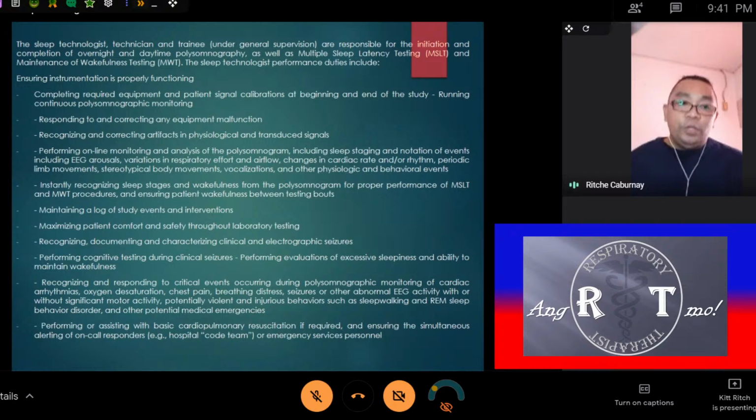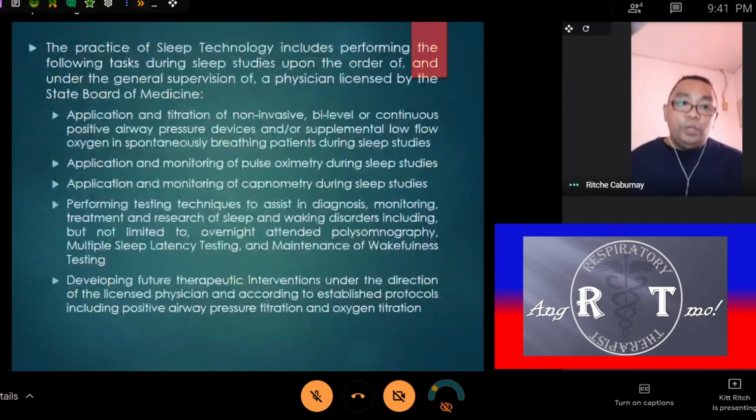If the sleep lab is inside a hospital, you can call a code and inform the code team that there is an emergency happening inside the patient's room. And of course, if it's a home sleep test or an outside sleep laboratory, then you can call emergency services personnel if it's deemed necessary.